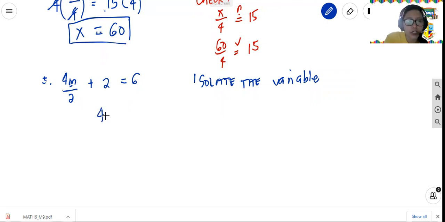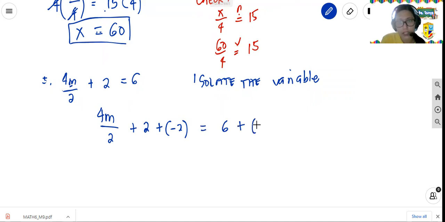So I will put here 4n over 2 plus 2 plus negative 2 is equal to 6 plus negative 2. In this case, this one will cancel already because that will give you a zero sum. So what will be left here is 4n over 2.